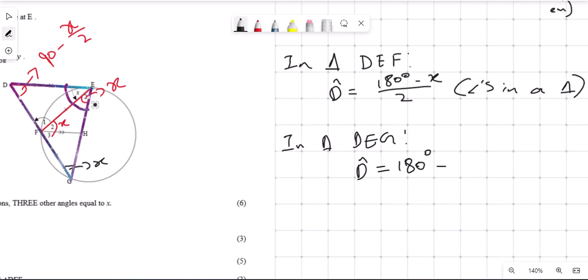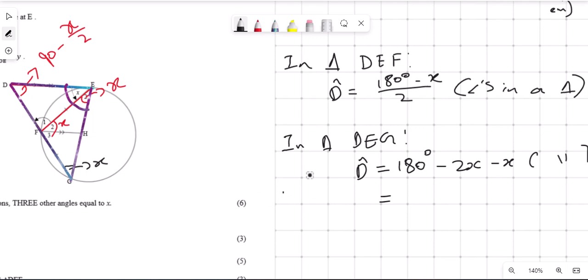This is 2x, x, and then this is x. 180 minus 2x minus x, still the same angles in a triangle. Is that correct? Yes.